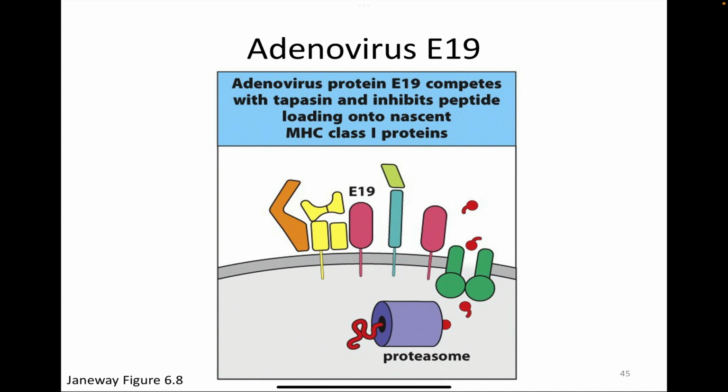Adenovirus E19 actually takes tapasin, the chaperone we had in class 1, and rips it out of the ER membrane and throws it in the proteasome. So it just steals this thing. It steals the chaperone and stops binding.